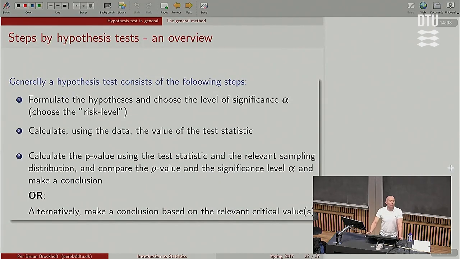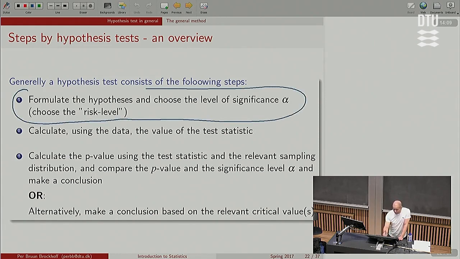And here is the very general definition of a hypothesis test that covers what I just taught you, and that covers all the hypothesis tests that will come in the rest of this course and the rest of your life. It consists of the following steps. Hypotheses are formulated, and the risk level is chosen or decided or put into a contract.